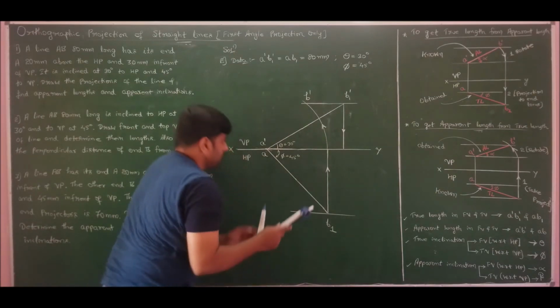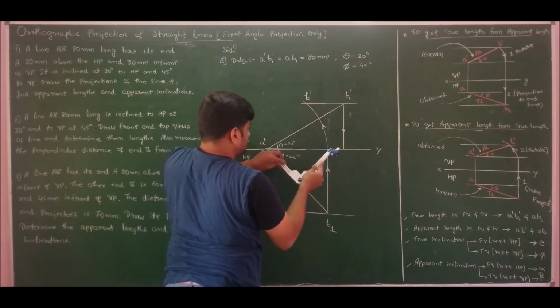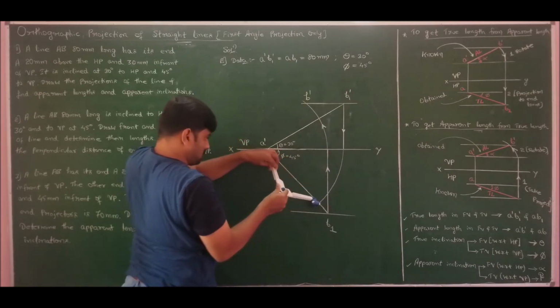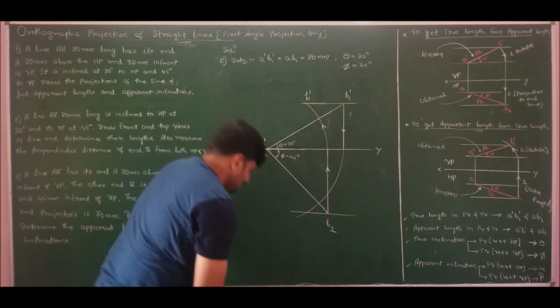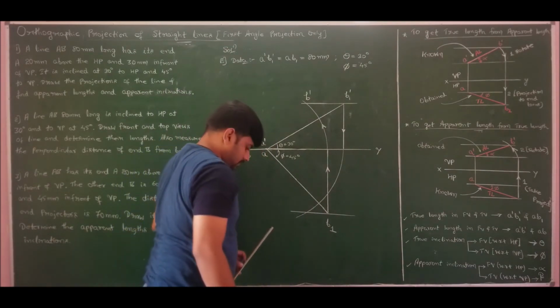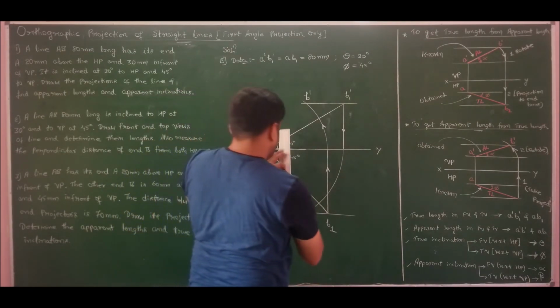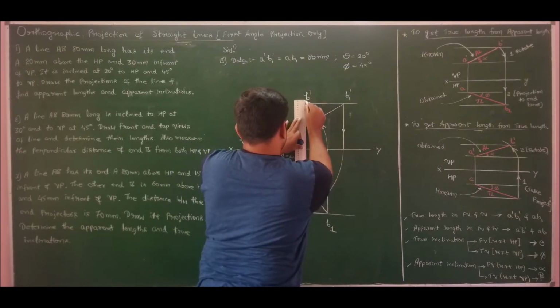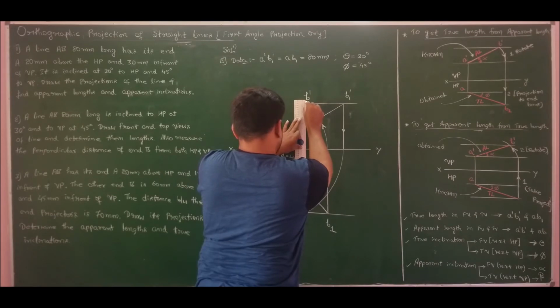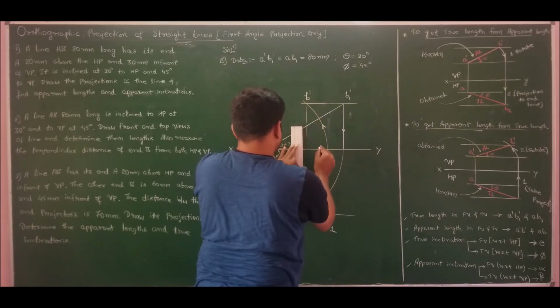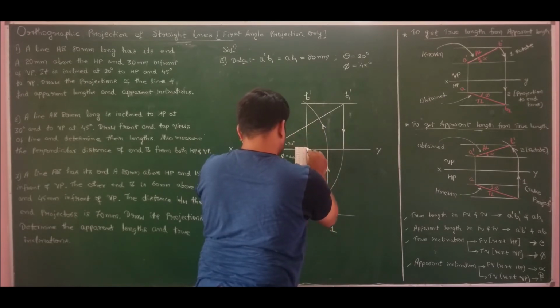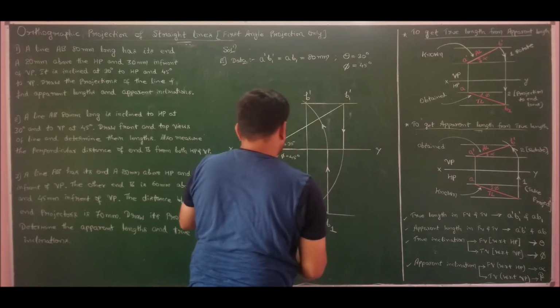Now rotate this. So now if I draw the vertical line from B dash, it must pass through the end B, because this is known as end projector.